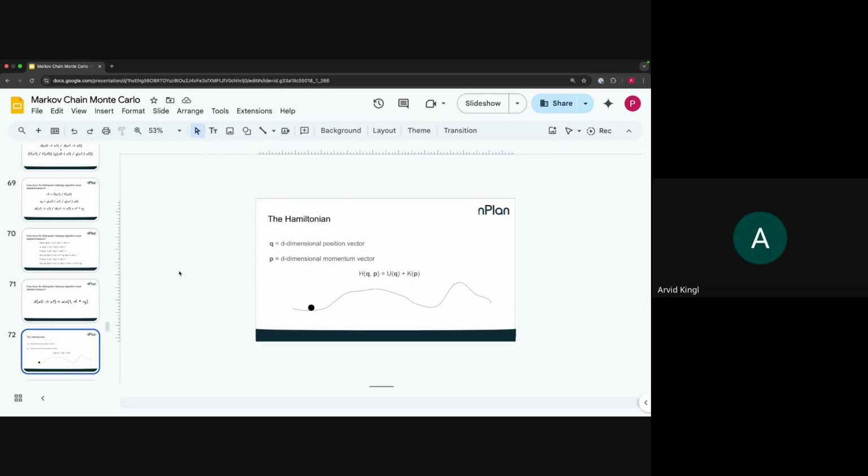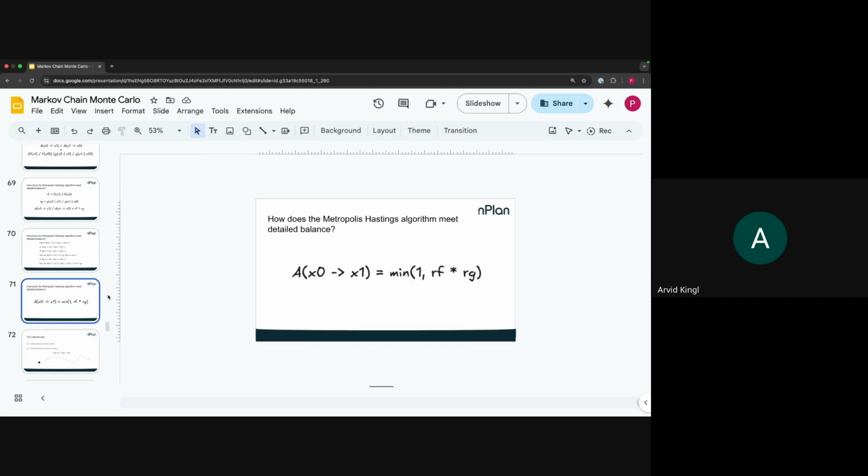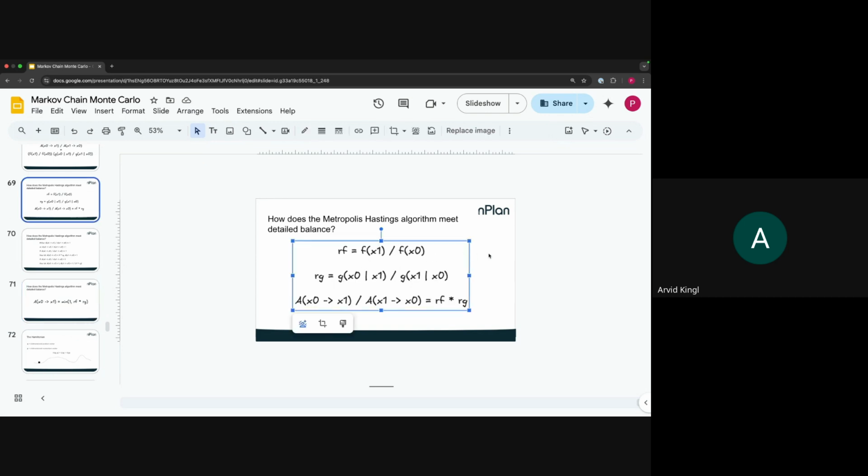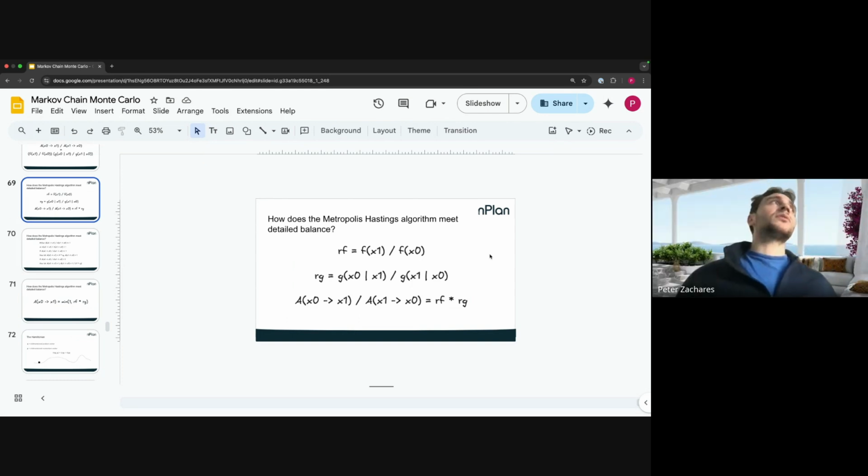So one quick question, if I may. The rf. So f was the distribution density, right, of the states. Unnormalized density. Yeah. And this is something you know, or I would have thought that is the thing you try to find out. You don't know the density. So you don't know the density because it's unnormalized. What you don't know is the normalization constant, but you do know the unnormalized likelihood.